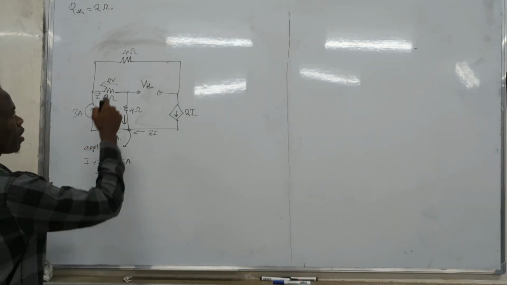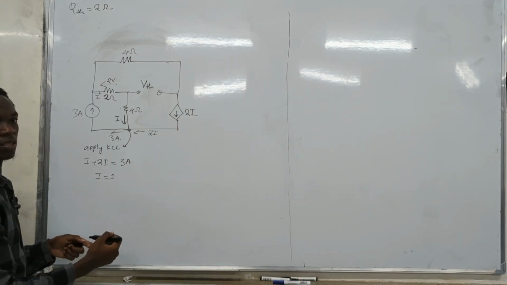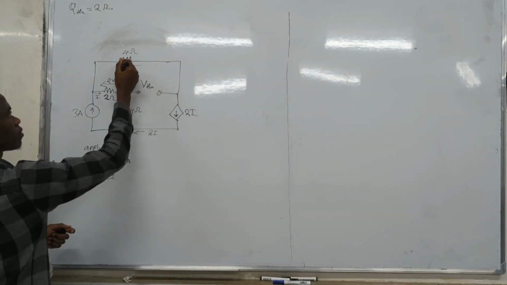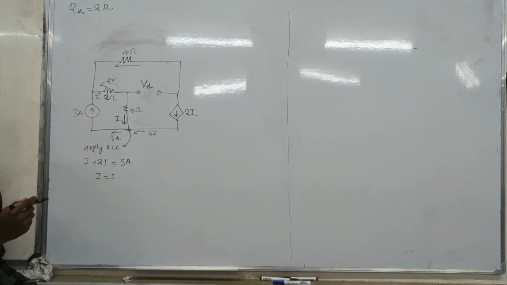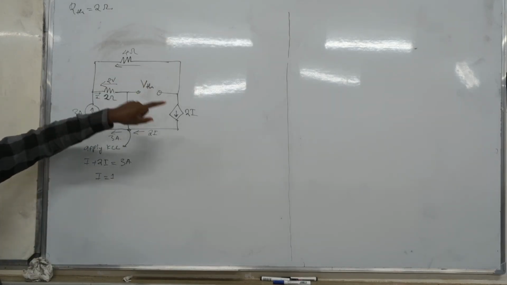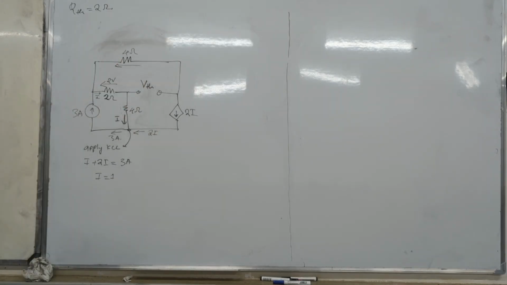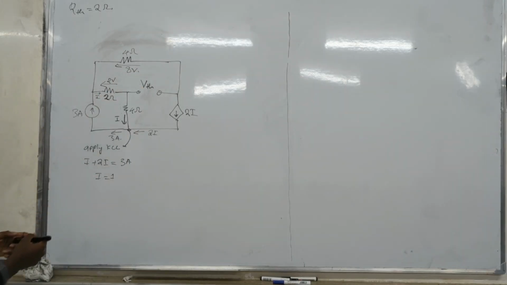And it's flowing like this. So the voltage is going in which direction? So what's the voltage? We have current and we have resistance. So having these values, can we get VTH?